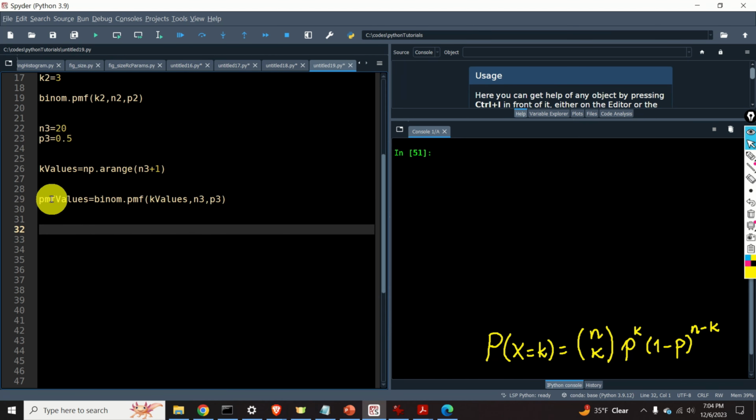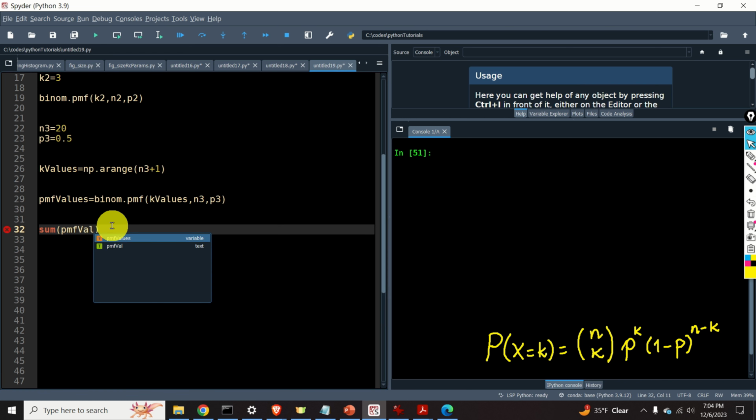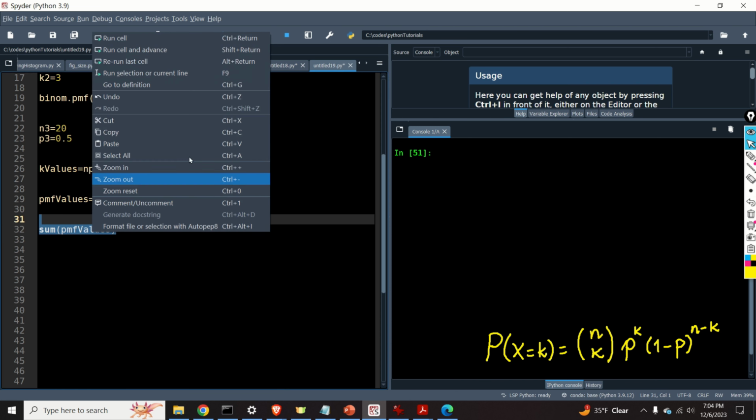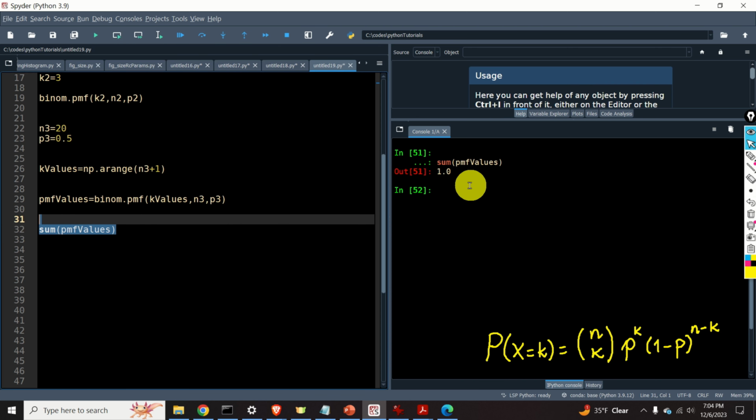How can we verify that these PMF values are correctly computed? Well, PMF values are actually probabilities. And if we sum all the probabilities, we should obtain 1. So let's do that. And let's see the output. And it's correct, so the sum is equal to 1.